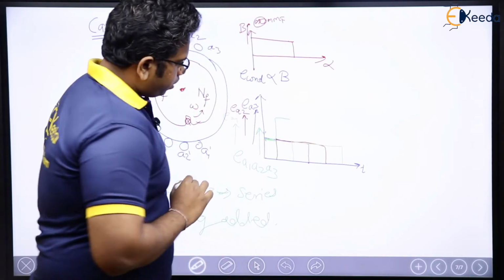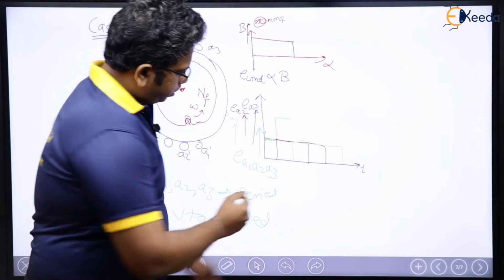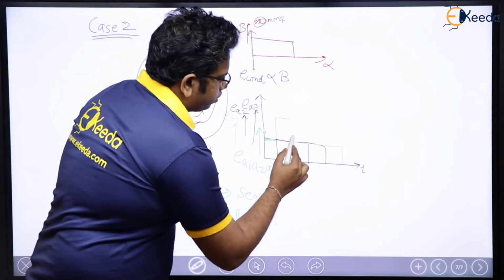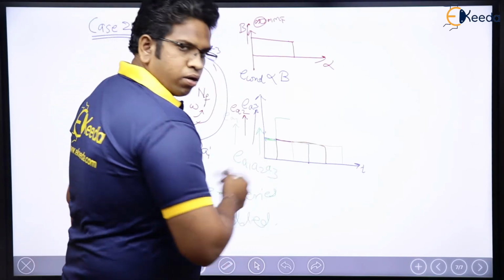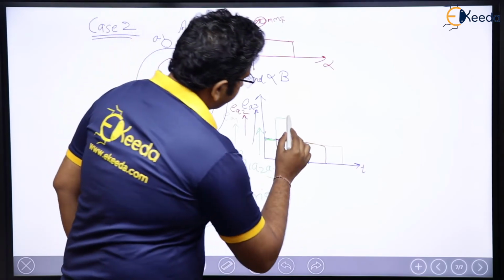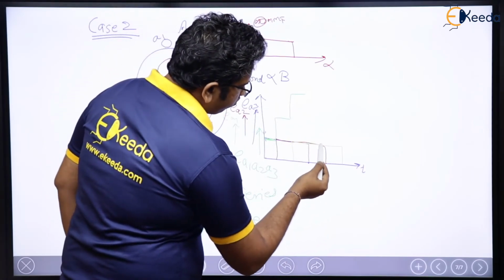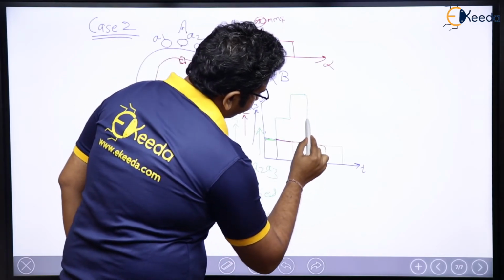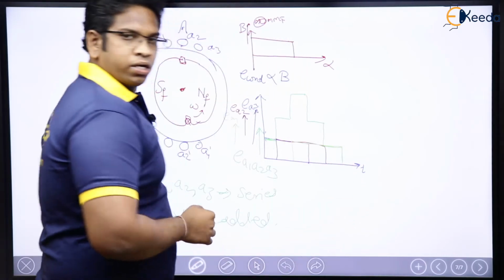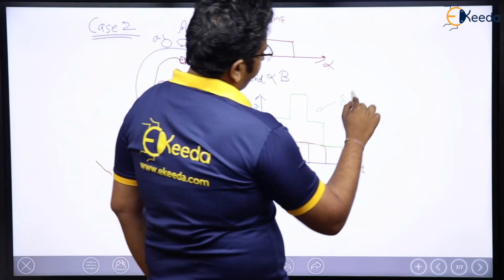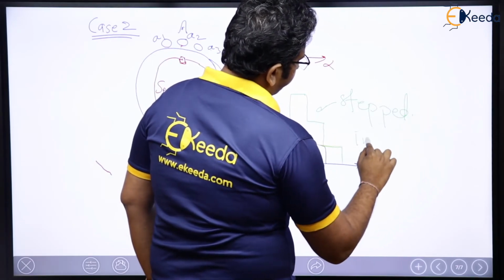Here, you have EA3, EA2 and EA1 also. See here, you have blue as well, red also, and yellow as well, which means this is going to be furthermore increased this way. After that, here you have only two colors, which means it will again come down. Two colors. Again, you have only one color, so this is going to be this way. So here what happened? You got a stepped wave. Stepped induced voltage.